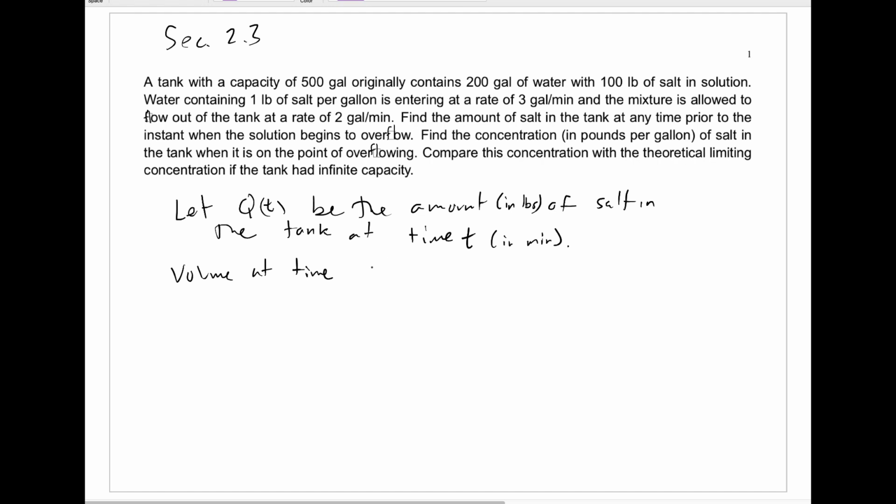So we can just write right away it is 200 plus t. I'm not going to put in gallons for t because we already know t is in minutes. So for this to make sense, this will have to be in gallons. I'll just write here, gallons.